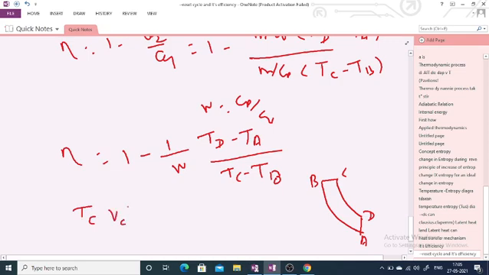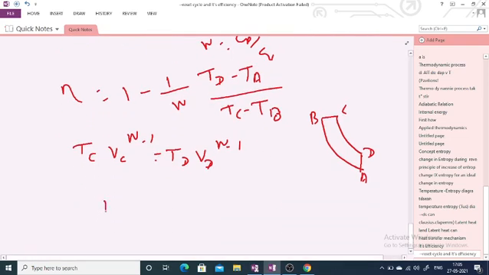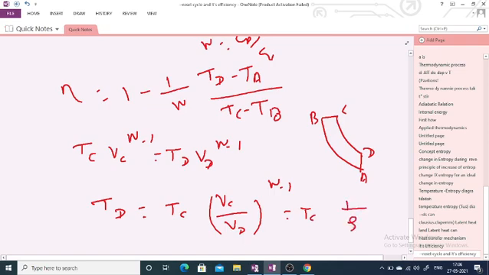Tc Vc raised to gamma minus 1 is equal to Td Vd raised to gamma minus 1. So we can write the equation for Td: Td is equal to Tc (Vc upon Vd) raised to gamma minus 1, which equals Tc (1 upon rho E) raised to gamma minus 1.